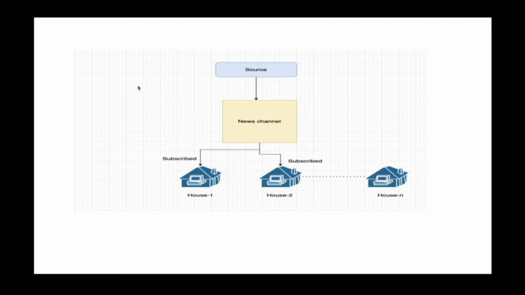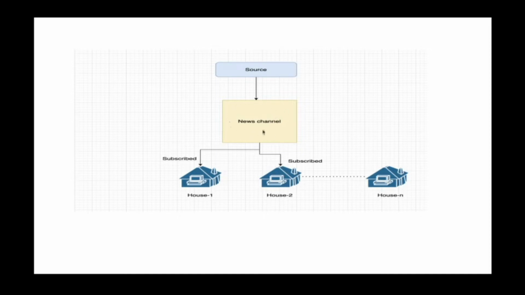So here we'll see how observable works. Before that, let me give you one real-time example. Let's say some outsider wants to publish some news to the public. What that external source will do is first send that news to the particular news channel where he or she wants to publish the news.